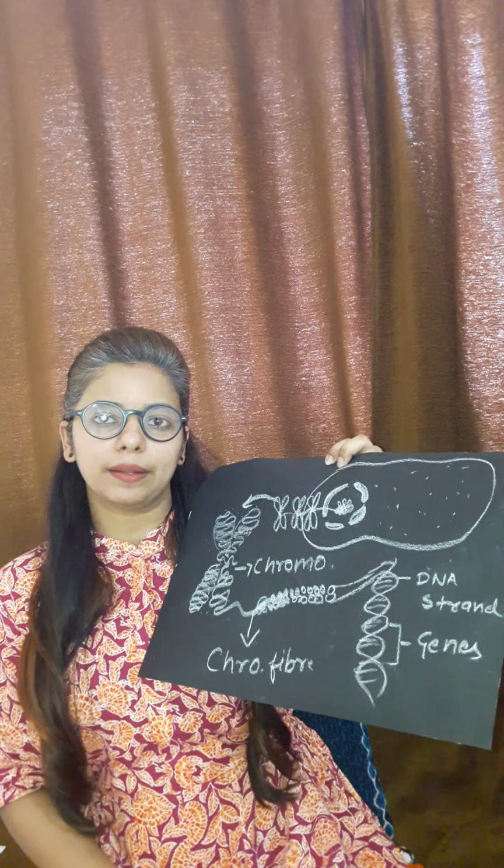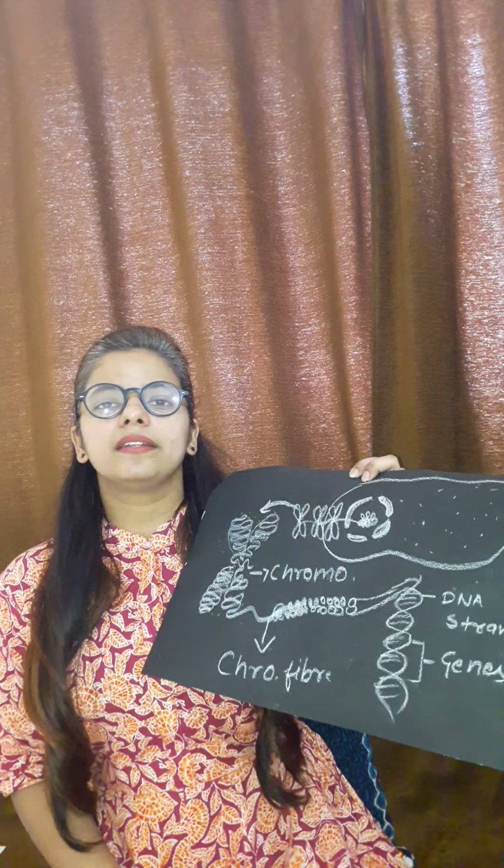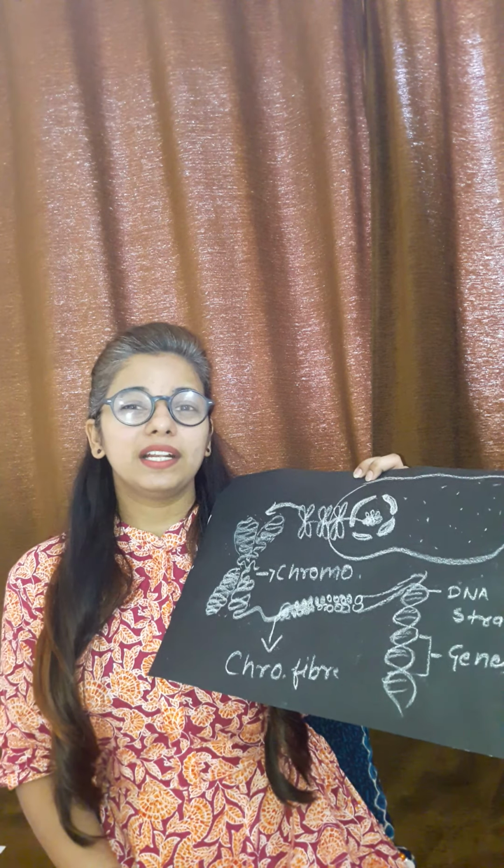Now you might have heard, students, that we talk about genetic material. You might have seen in many serials, you might have heard in many stories, that when a doctor does a test in the hospital to identify who is the child of which parent, we do the DNA test. We do the genetic testing of the parent and the child.